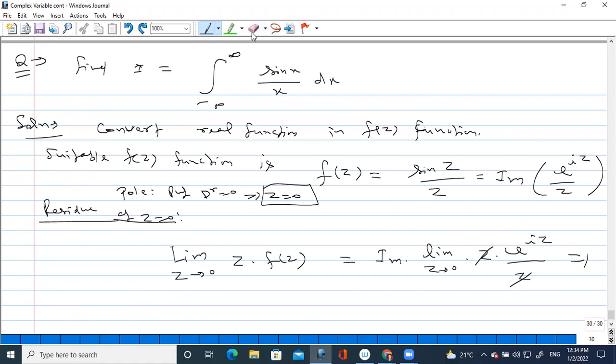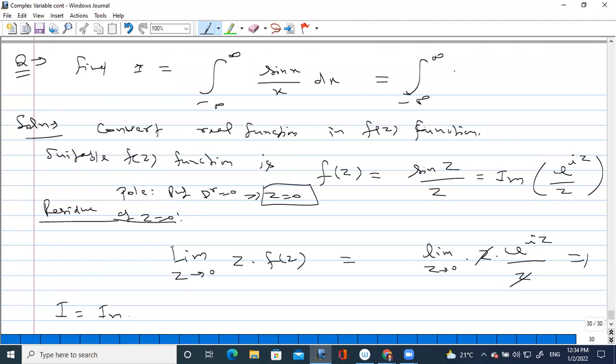To find the residue I can use it directly. And your answer, the integral, will be the imaginary part of... or do it one thing, from here only you can convert this equation.